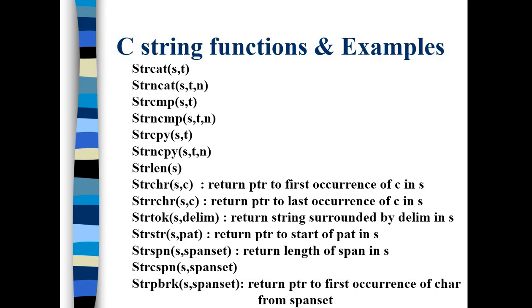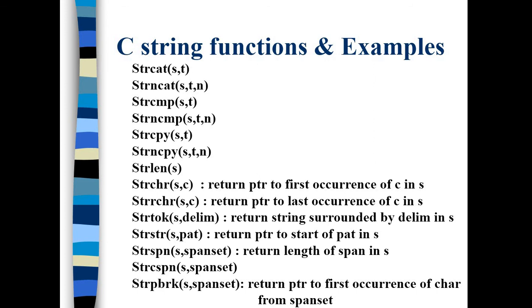Next one is strcspn, the complementary span. It gives how many characters from the beginning of string S are not present in the span set. Next is strpbrk of S comma span set.